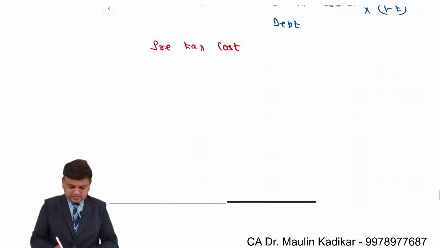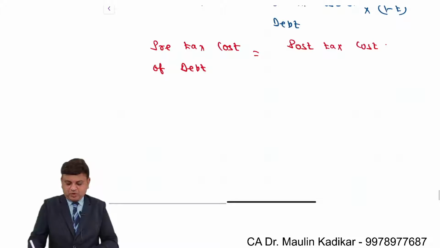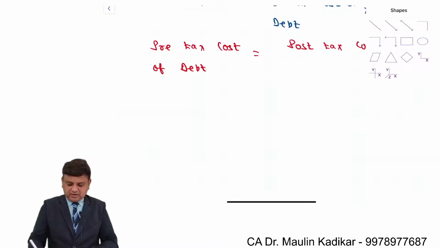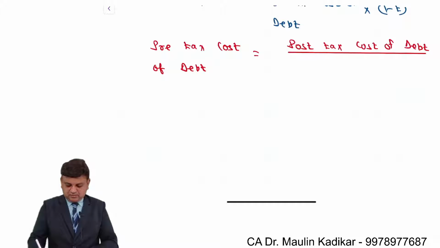Pre-tax cost of debt is equal to post-tax cost of debt divided by 1 minus T. That is the way it is supposed to be converted into pre-tax term.